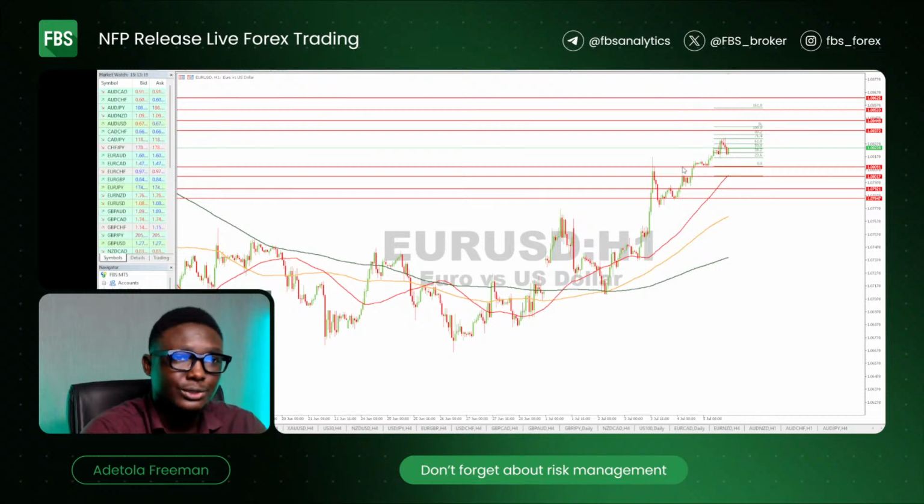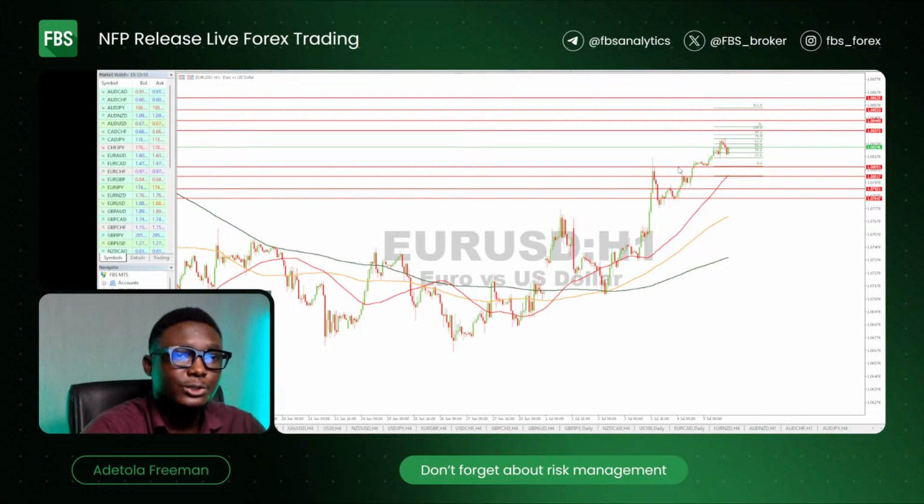Buy TP1 is 1.08449. Buy TP2 is 1.08533. The final TP for the buys is 1.08625.